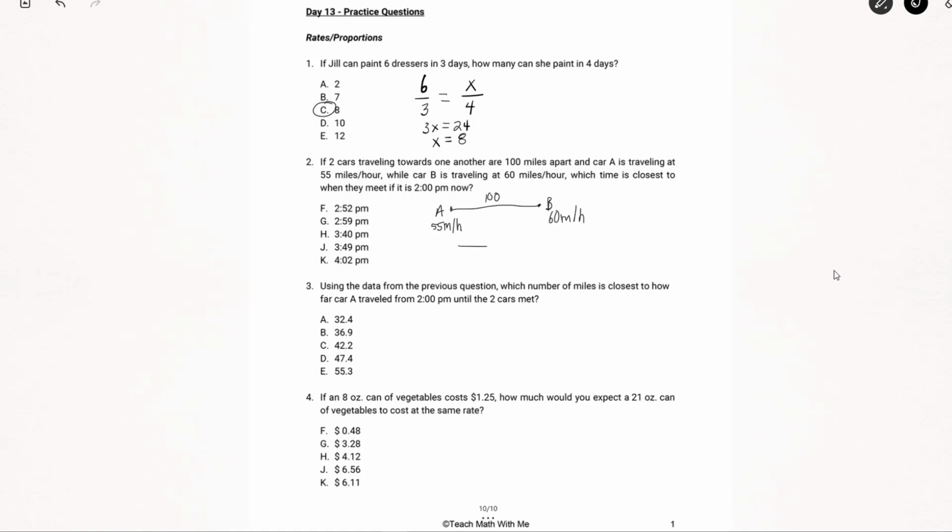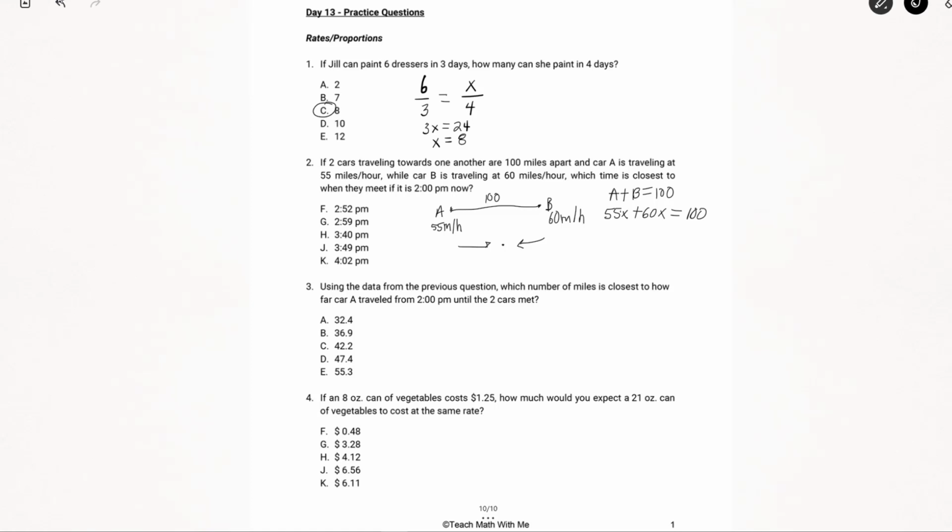When A heads in this direction, B heads in this direction, and they're going to meet at a certain time. So we can use these rates. The total miles that both A and B travel together equal 100. So at 55 miles an hour for some amount of time x, plus 60 miles an hour for that same time x, equals 100 miles.